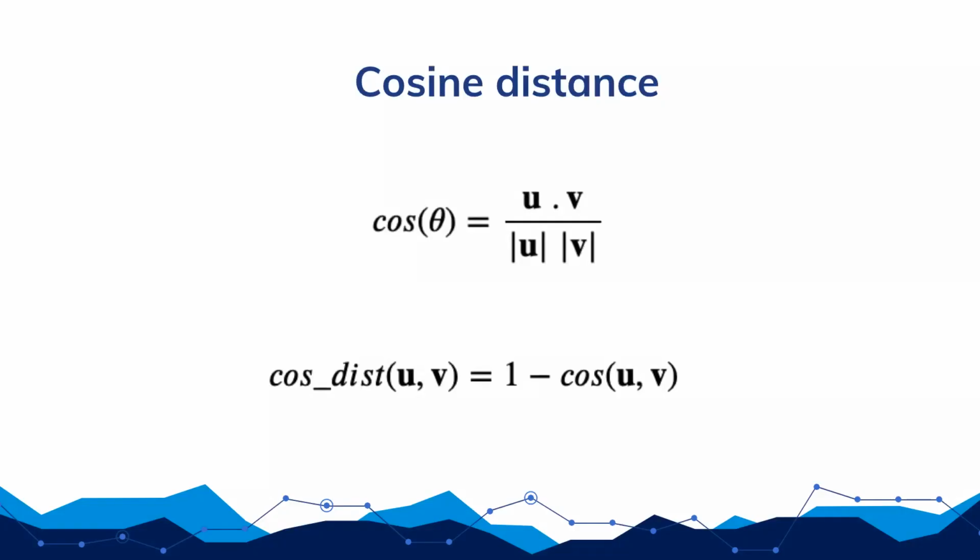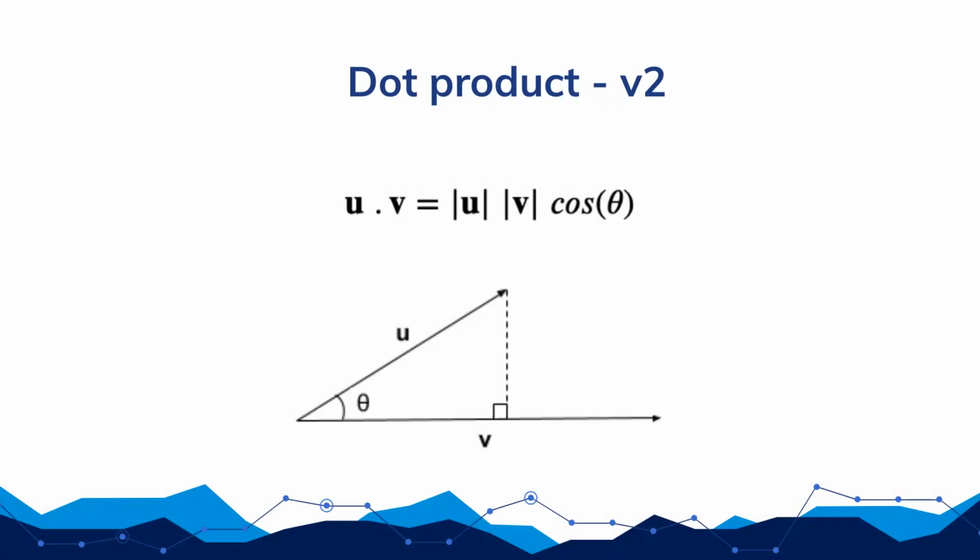Then we have a problem with the dot product, which is that we're still considering the norms of the vectors a lot. So imagine that we had one vector which is really long, and the other vector which is really small, and they're actually pointing in the same direction. But then that number would be small, because the product between the two norms would be small, since one of the numbers was very small, right?